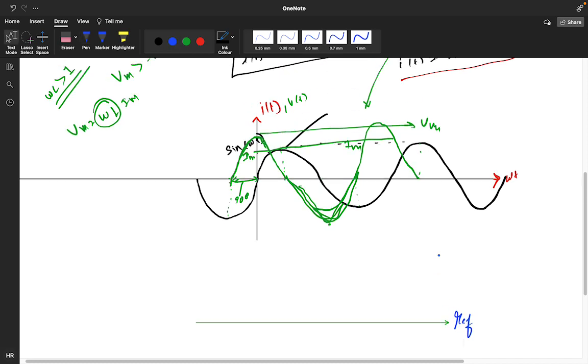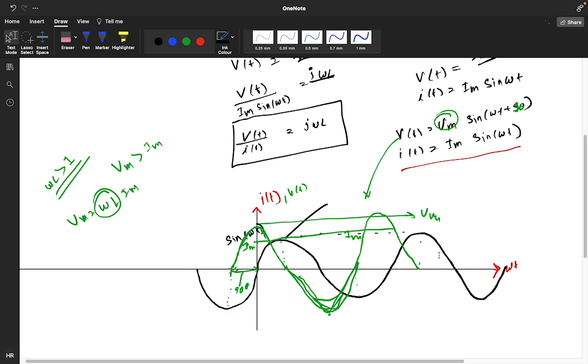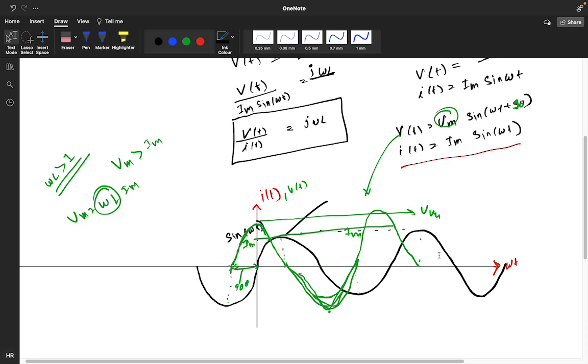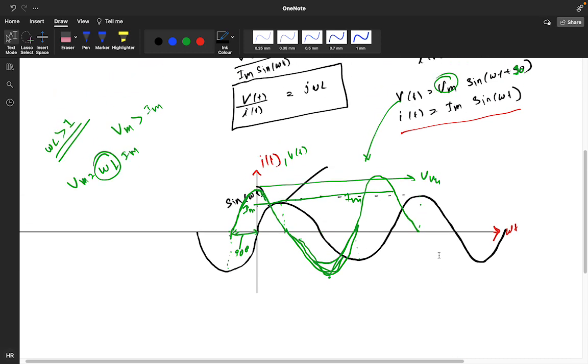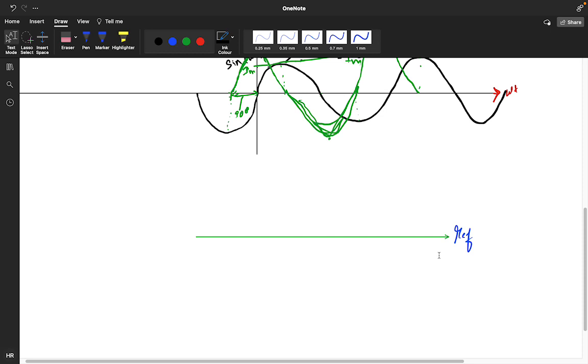Can anyone tell me what is the angle of current? I of t is how much, Prasanna? I of t is Im sine omega t, which means it is at an angle of 0 with the reference.